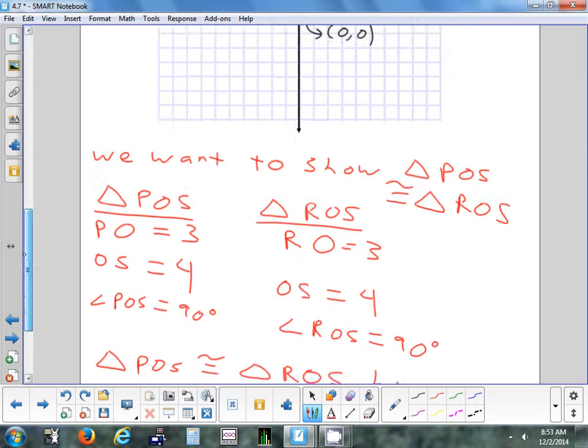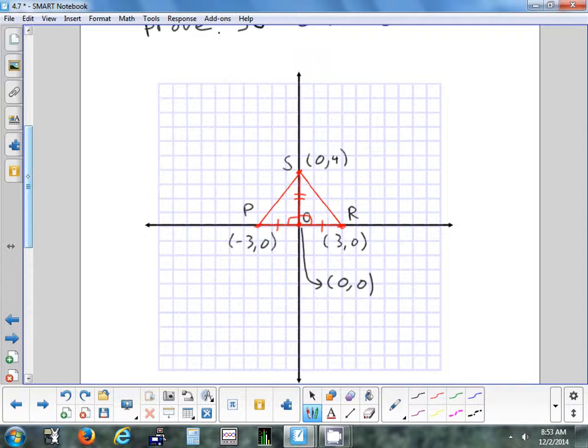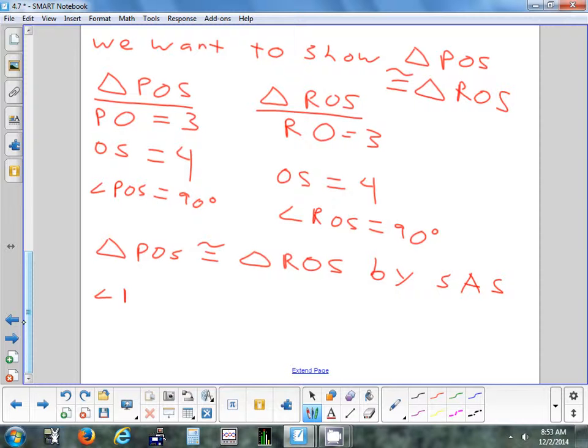Now that we know those triangles are congruent, all their corresponding parts match up. So now we can say angle PSO is congruent to angle RSO.